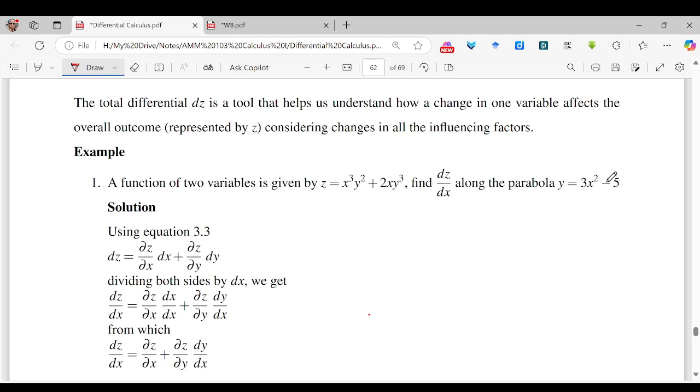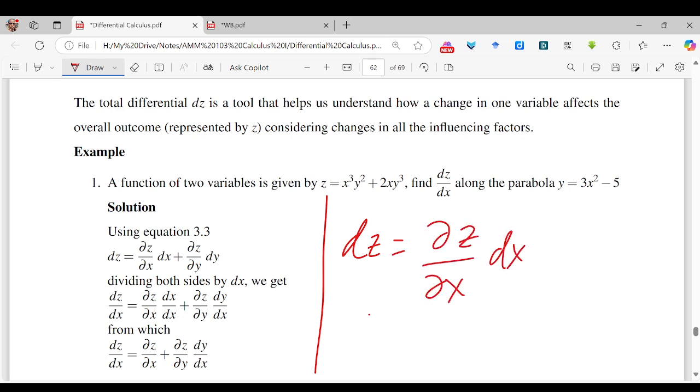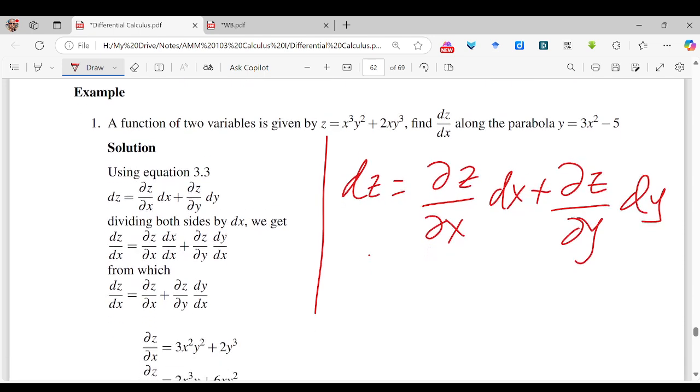3x squared minus 5. So we have seen that the total derivative dz is expressed as the partial derivative of z with respect to x times dx plus the partial derivative of z with respect to y times dy. So if we want to find dz/dx, we simply divide both sides by dx.